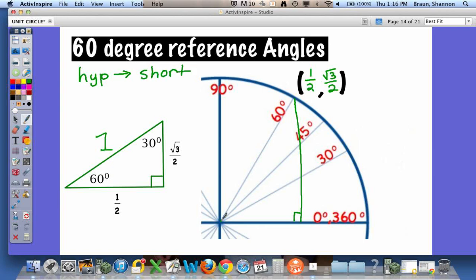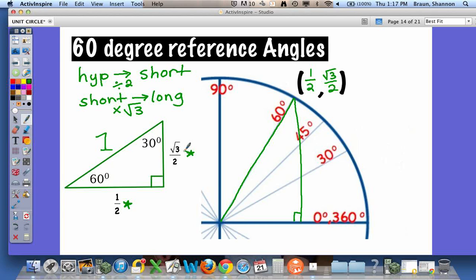The hypotenuse on all of these is the radius of my circle, and it's 1. So to go from hypotenuse to short, I divide by 2. This right here is my short leg, so 1 divided by 2 is 1/2. And then to go from the short leg of my 30, 60, 90 triangle to the long leg, I multiply by radical 3.